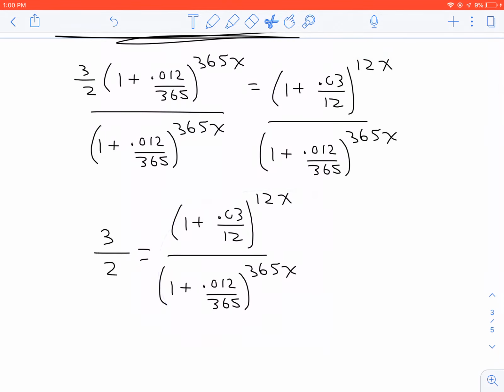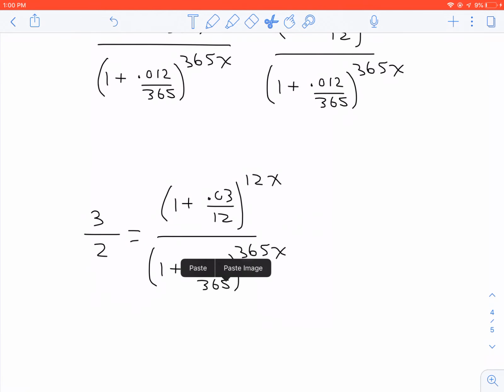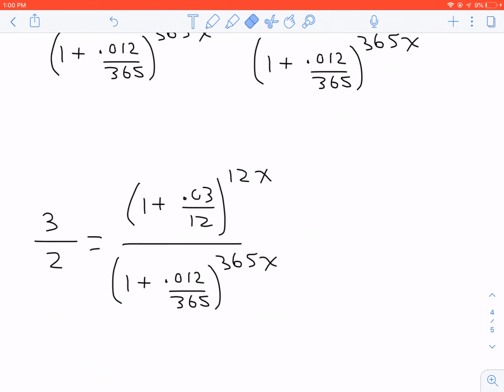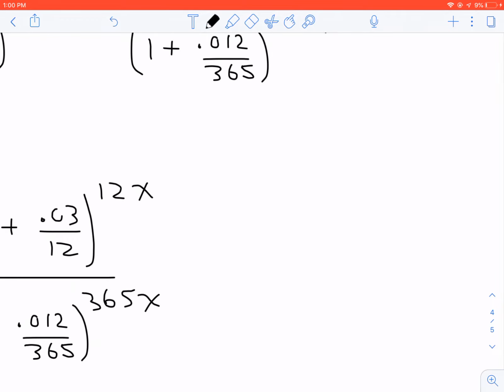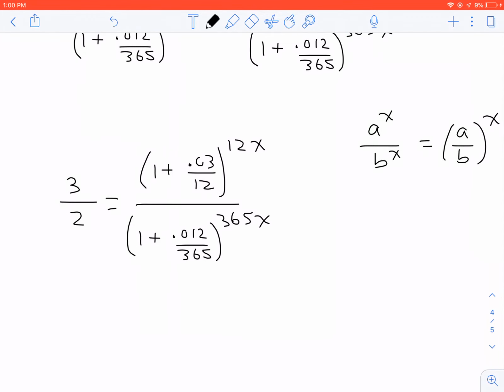Remember, we're trying to solve for x, but look, x is in two places. But using our power to a power rule, right, if I have a over b, let's say a to the x over b to the x, isn't that a over b to the x power? Written like so. So I have the same scenario here, where this entire thing is a, this entire thing is b, I could say.